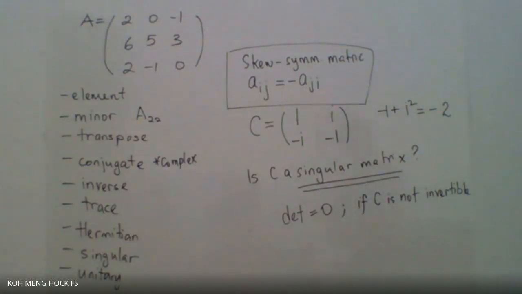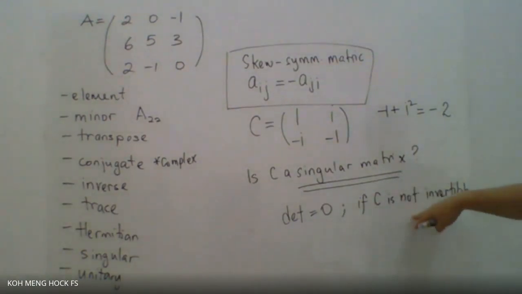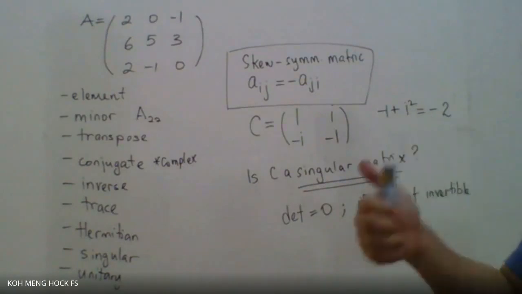In this case, the determinant is non-zero, so you should be able to invert this. Therefore, this is not a singular matrix. Okay, can?